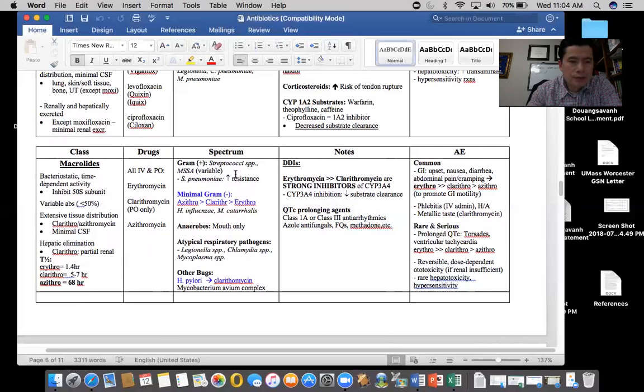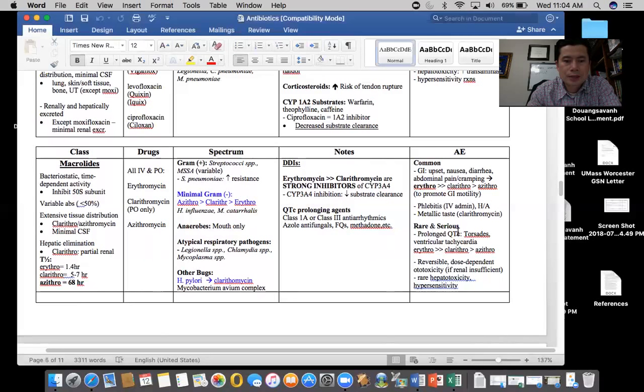Used for gram-positive streptococci species, MSSA, staph, pneumonia, but there's more resistance to that. As far as CYP3A4 inhibitors, erythromycin has the strongest inhibitor effect when you compare it to clarithromycin. And same here with the QT, it can be prolonged with use of this drug.